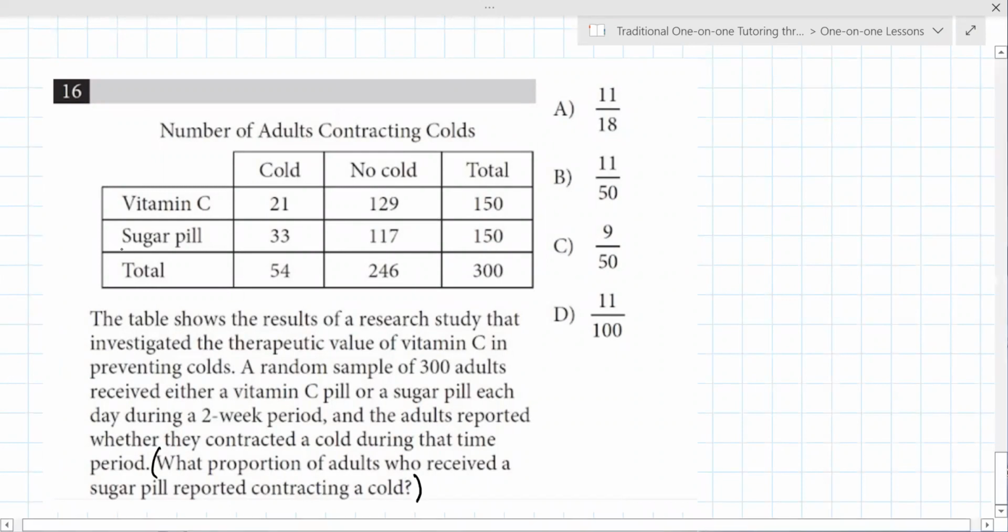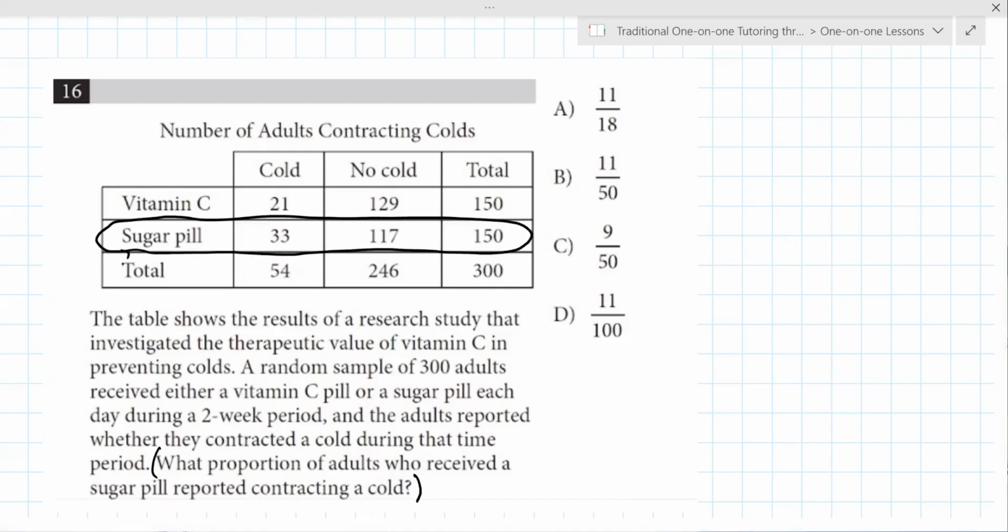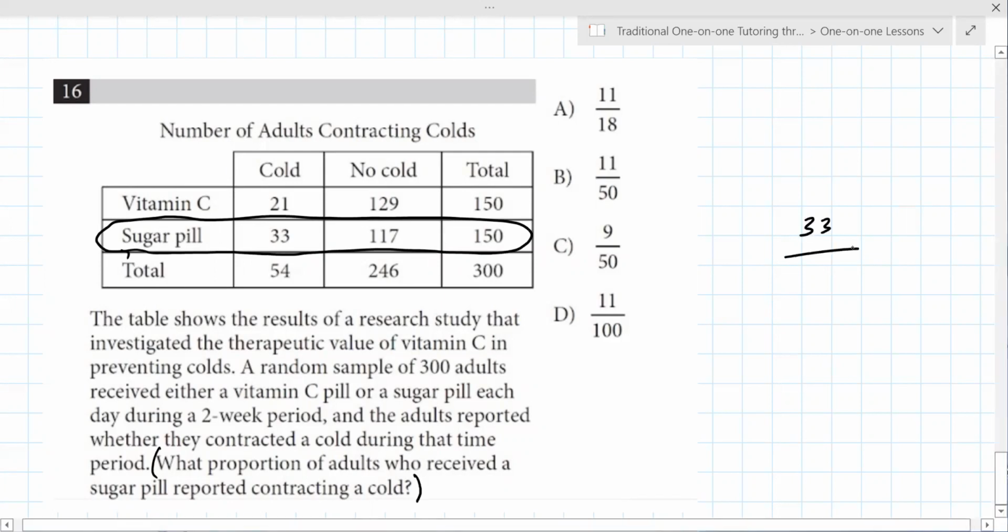So here's the sugar pill. We only care about sugar pill. Okay. So how many of those people contracted a cold? Contracting means like having. Yes. 33, 33 out of what? 150. Is that answer here A, B, C, D?